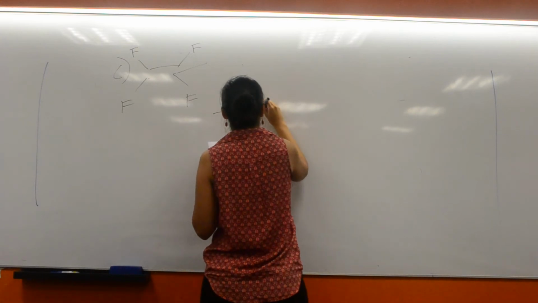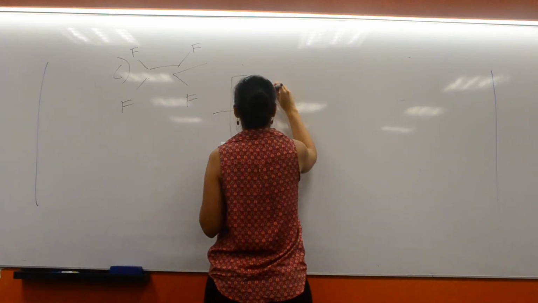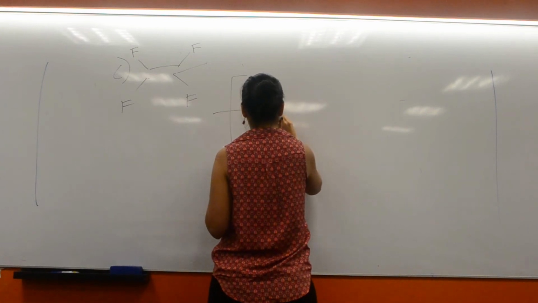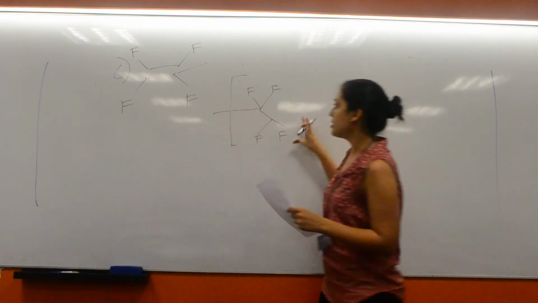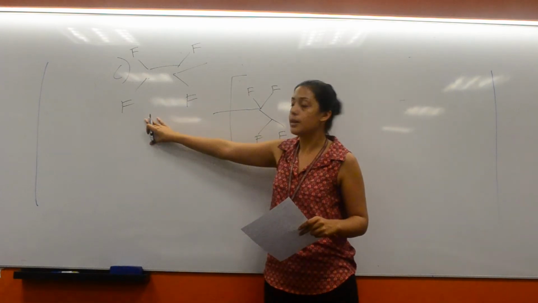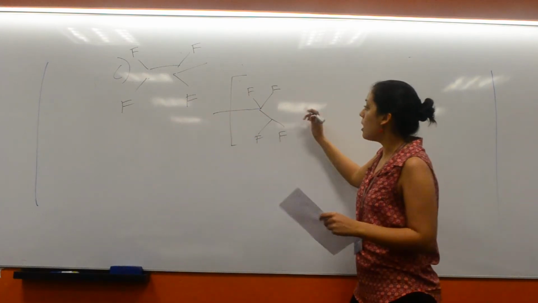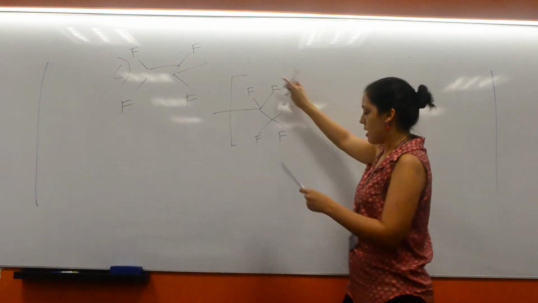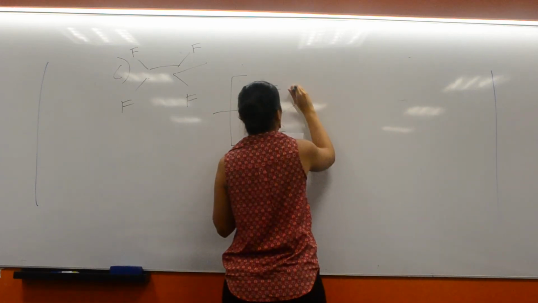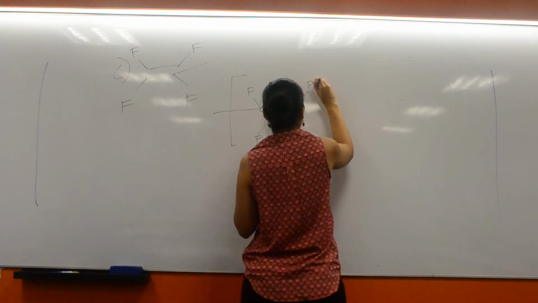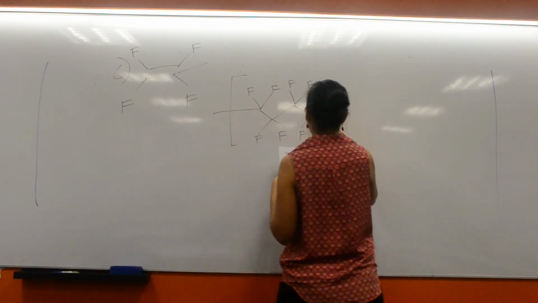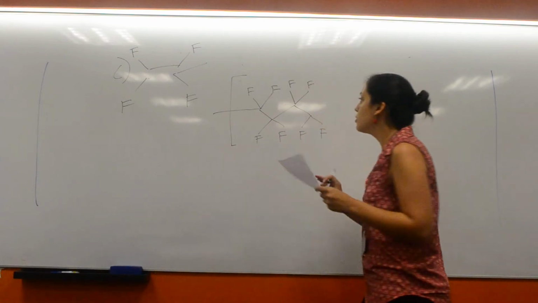Then we have, alright, so that's just one unit, now that the double bond's gone. And the double bond's gone because it has formed a bond to another one of these guys. It's a little hard to visualize, so make sure you stop and think about it.